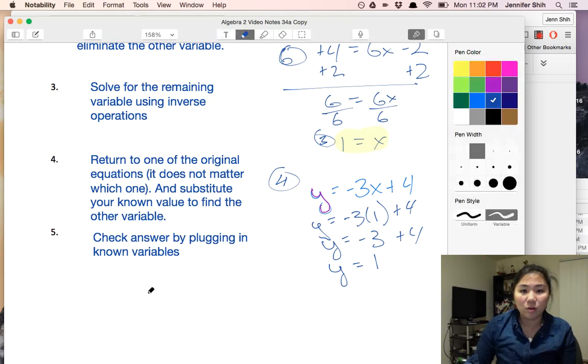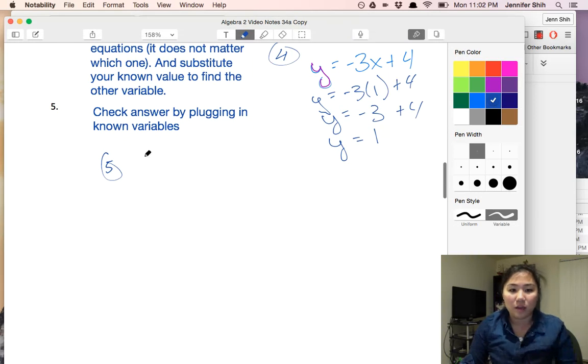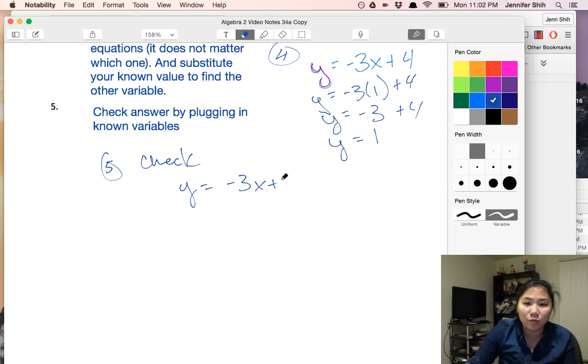You can do this on your own because step 5, you are going to check. What we can do is, again, take our original equation, y is equal to negative 3x plus 4. Here's our answer. We are predicting using our reasoning, our models, x is equal to 1 and y is equal to 1. So let's plug it in and check.